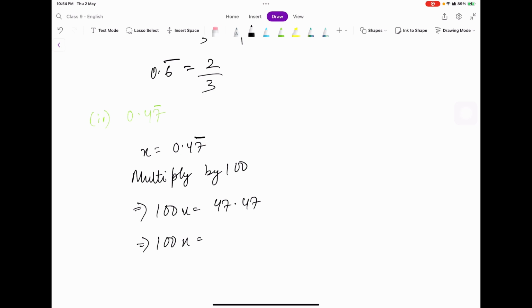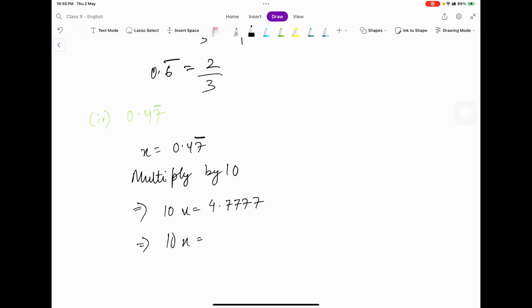If only the 7 is repeating, you have to multiply by 10. So 10x will be 4.777. Sorry, so many mistakes are happening.